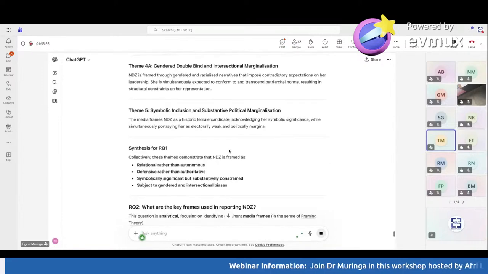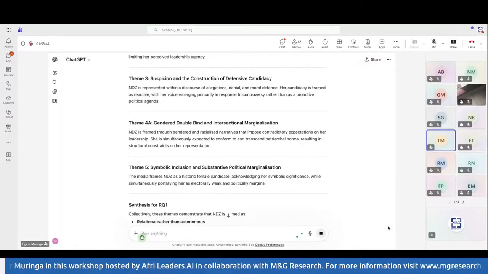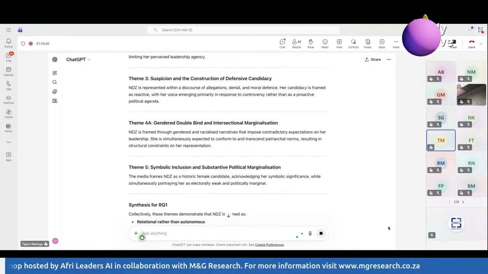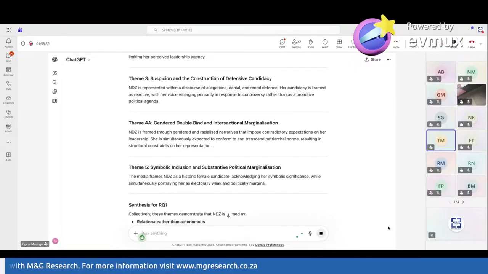So this is basically how we conduct a thematic analysis approach using large language models, using AI and other platforms that we have at our disposal. I'm going to stop here and not proceed to do all the themes, but I thought we should give you a heads up.